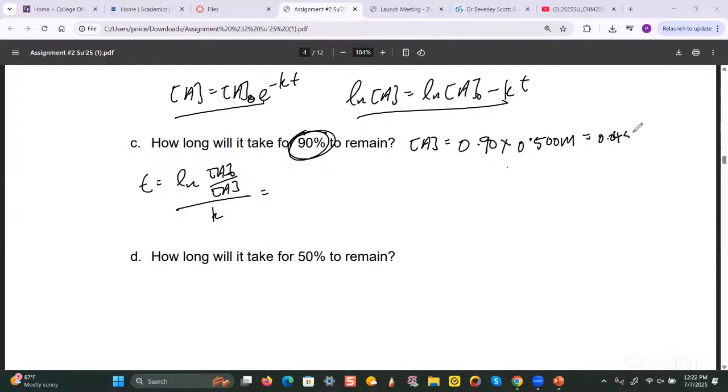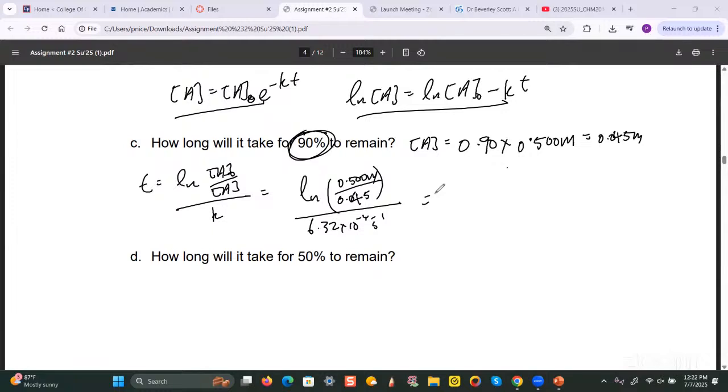0.045 M, okay. So we just plug the numbers in: ln of the initial concentration, which is 0.500 M, divided by 0.045, and then divided by k, which is 6.32 times 10 to the minus 4 seconds to the minus 1.